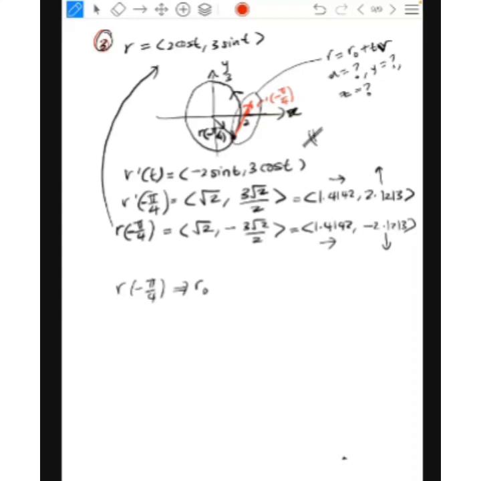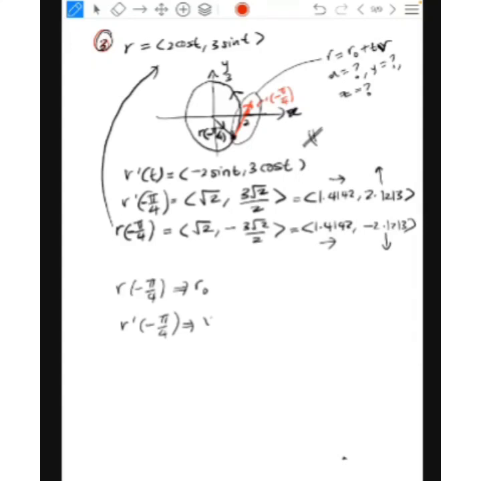And then the vector V, what can we take as V? The R prime. So R prime of negative pi over 4 will be our V. Okay, because it is the vector that is parallel to the line, that is actually on the line.